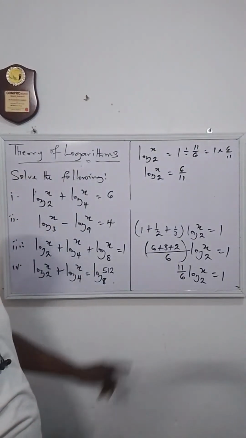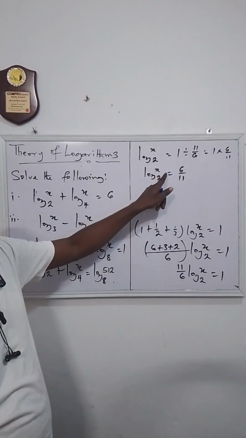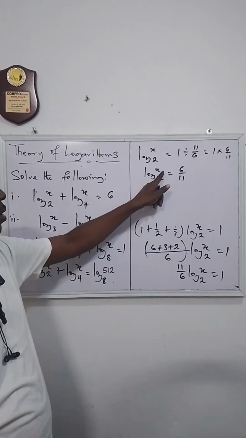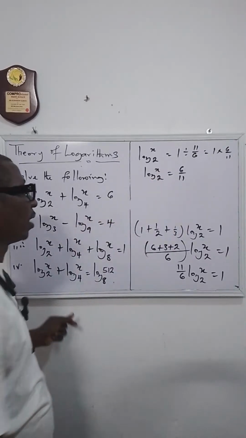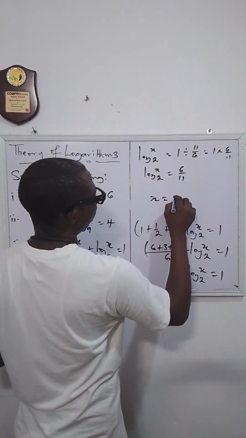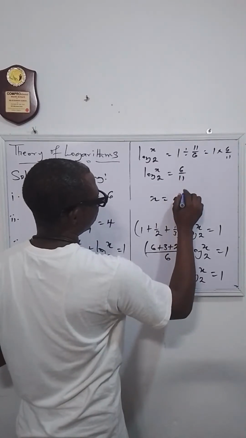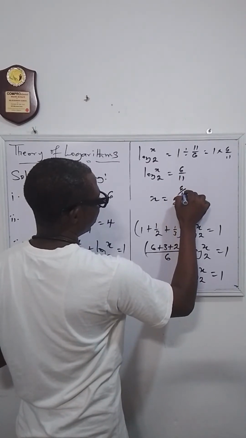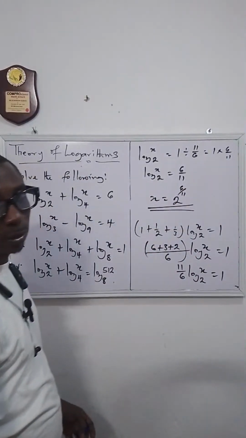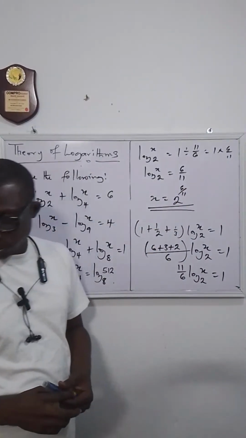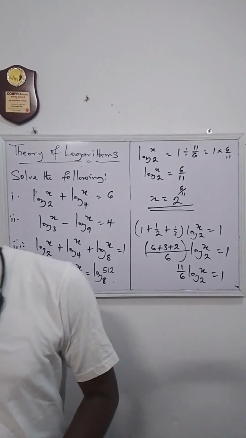Now we'll make x the subject of the formula. That is your number, so the base comes here. So we have x equals 2 raised to the power of 6 over 11. All right, so change the logarithmic equation to indicial equation. So that is what we have for that.